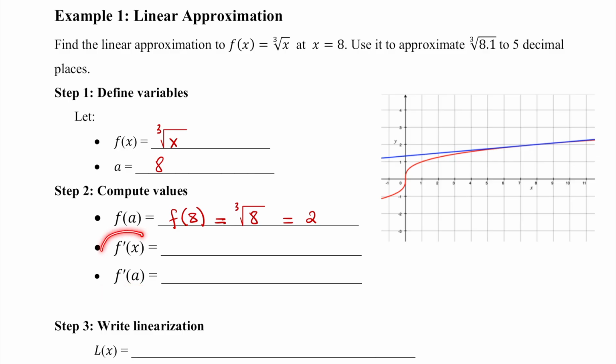To find f prime of x, I need to rewrite cube root of x as x to the 1/3. From here, I use the power rule to find the derivative. I take 1/3, bring it down to the front, and subtract 1 from the exponent. And 1/3 minus 1 is negative 2/3.